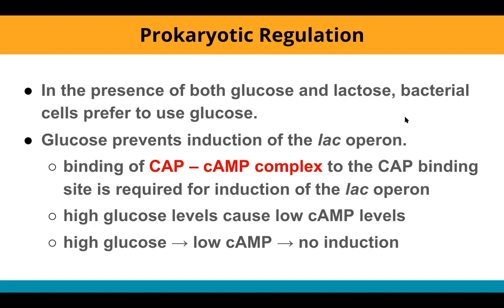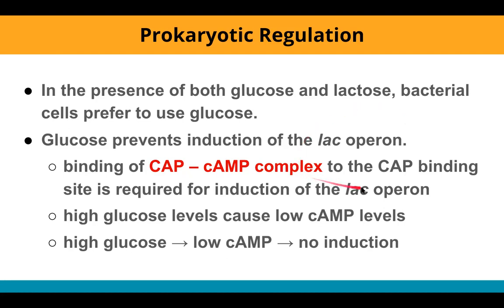The binding of the CAP complex to the CAP binding site causes induction of the lac operon. If you have high glucose levels, it causes low cAMP levels. Therefore, if you have a high glucose, you have a low cAMP, therefore you would have no induction of the lac operon.